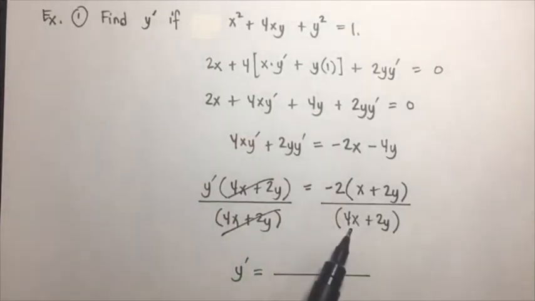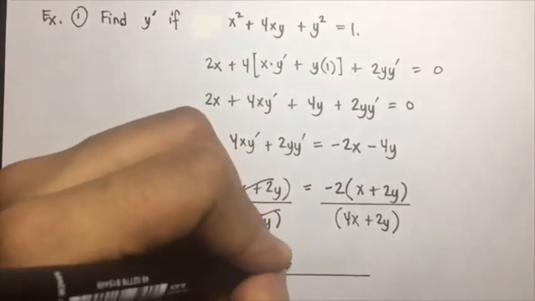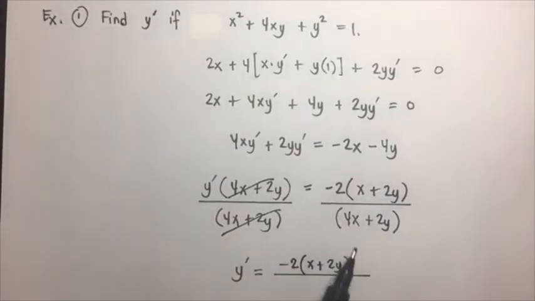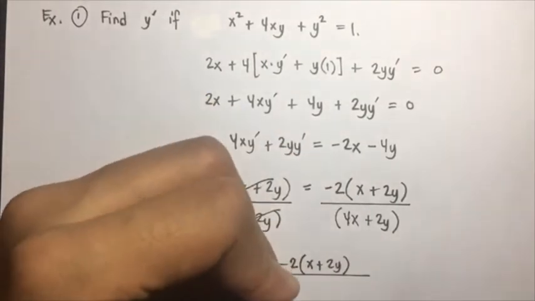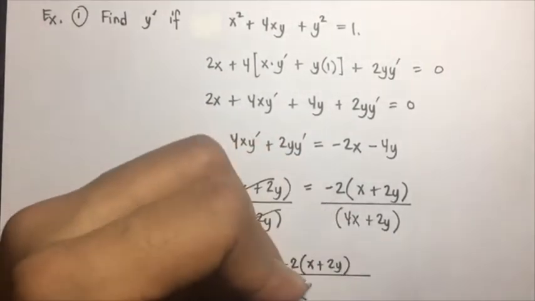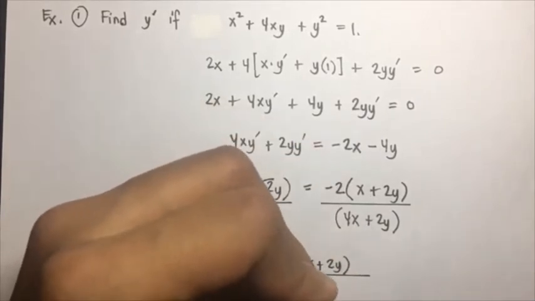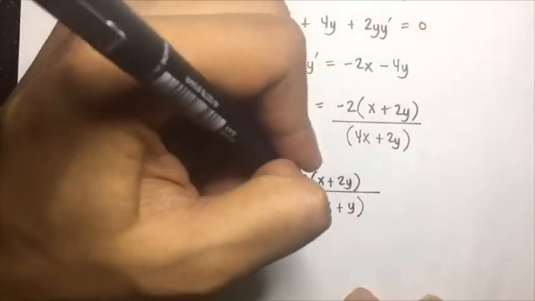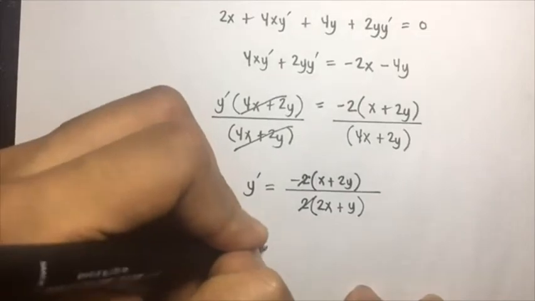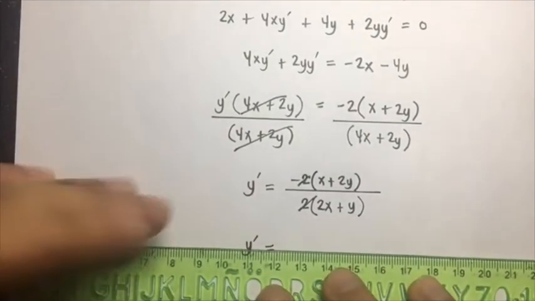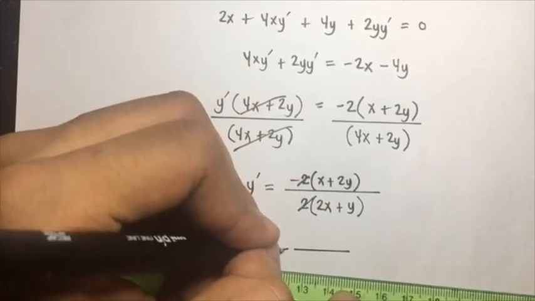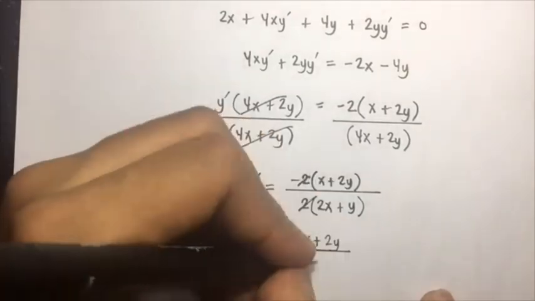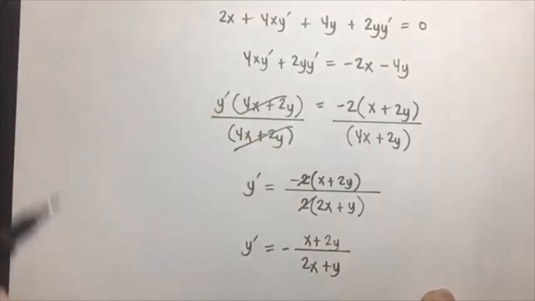we also have a greatest common factor here in the denominator, so we'll also factor that out. So negative 2 times x plus 2y, greatest common factor here, we also have 2, and then what will remain is 2x plus y. Okay, so 2 will be cancelled, so therefore our y prime is equal to negative x plus 2y over 2x plus y.